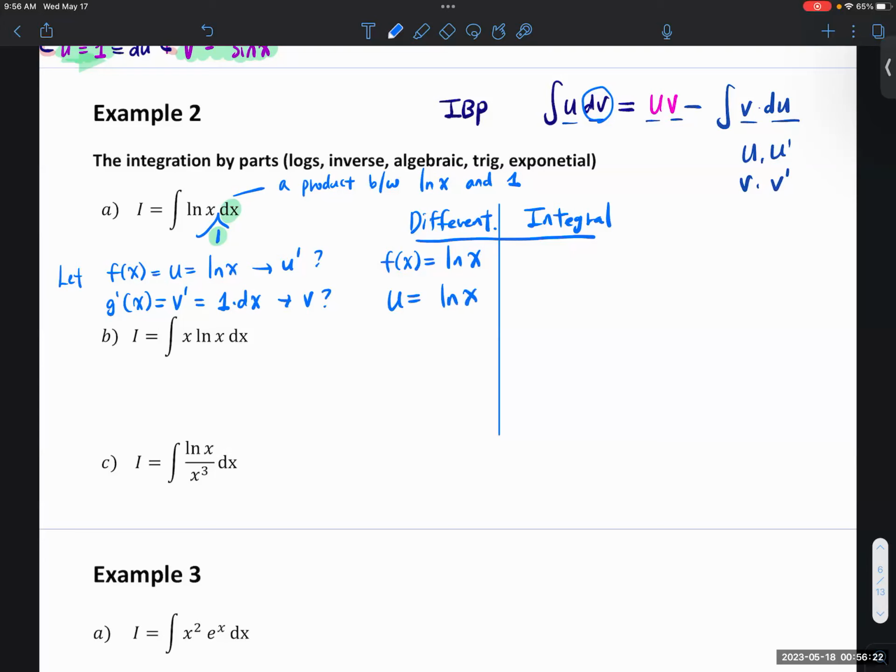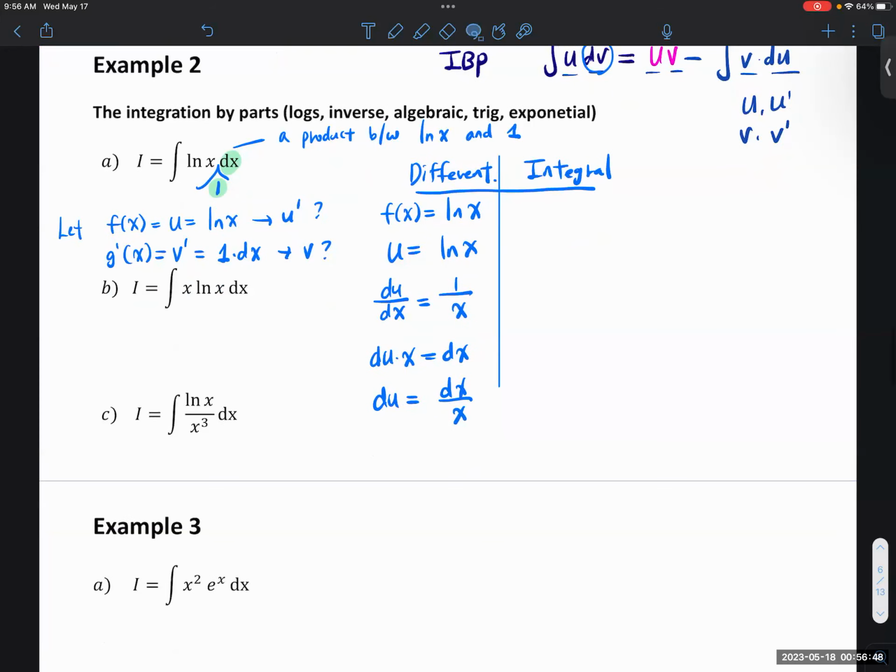To find out the u prime, you take the derivative, du dx, of ln x, which is 1 over x. Go to the table, the derivative of ln x is 1 over x. That means cross multiplication, du times x equals dx. That means du equals dx over x, correct?